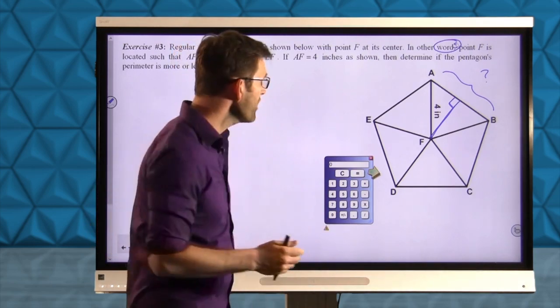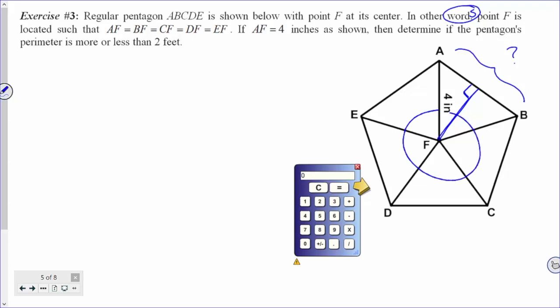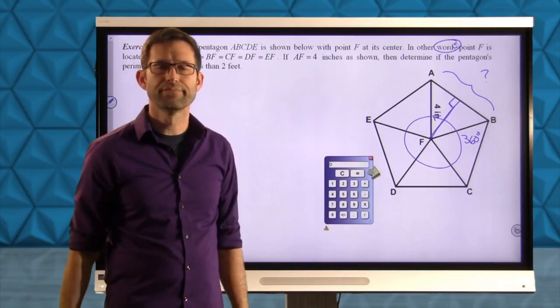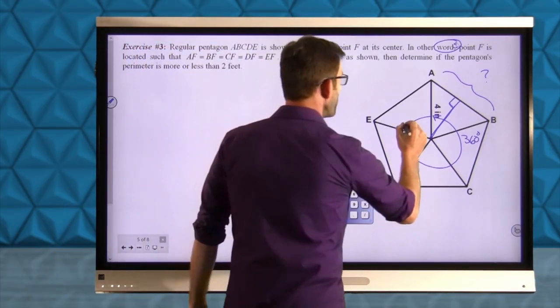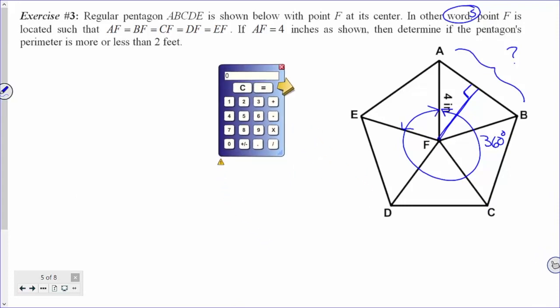Well, one thing that I know is that this entire angle is 360 degrees. That makes sense. So one of these angles will be 360 degrees divided by 5. Each one of these angles is 72 degrees.